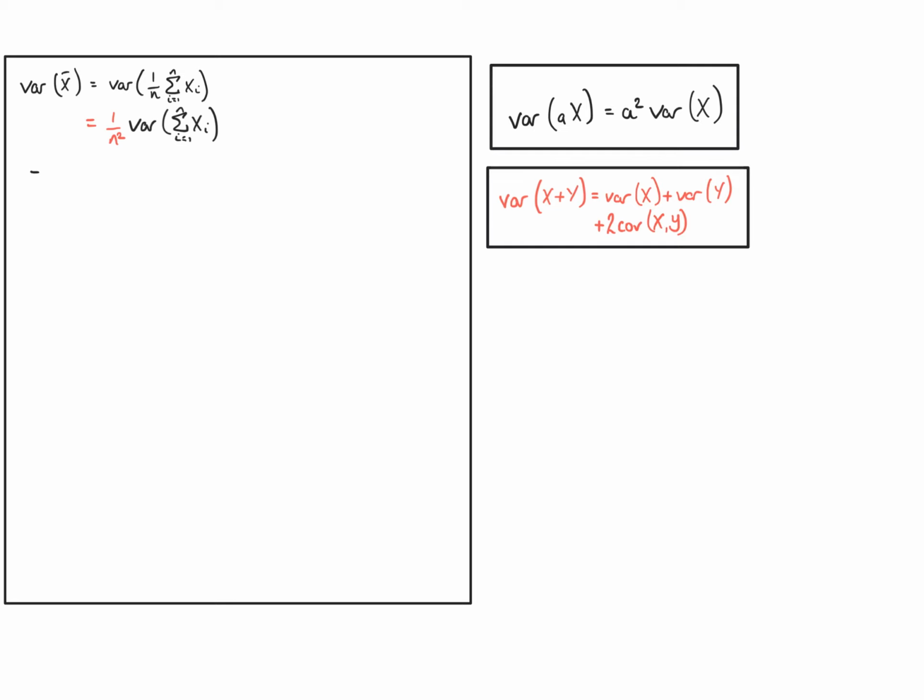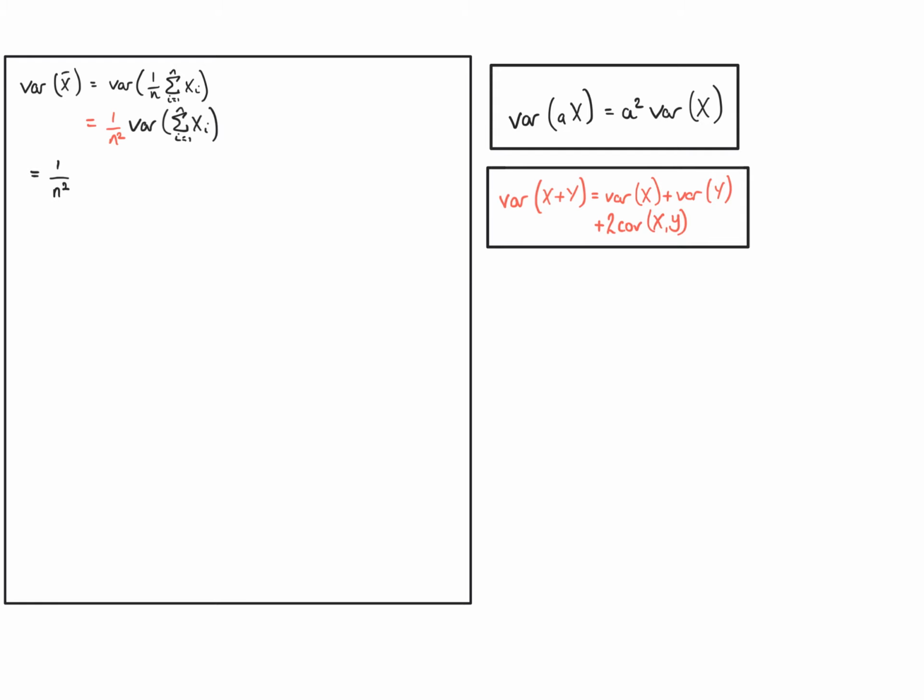So this is going to be equal to 1 over n squared times the variance of x1 plus the variance of x2 plus the variance of x3 plus the variance of x4 all the way up to xn, plus all of the covariance terms. So the covariance between x1 and x2, the covariance between x1 and x3, and so on.